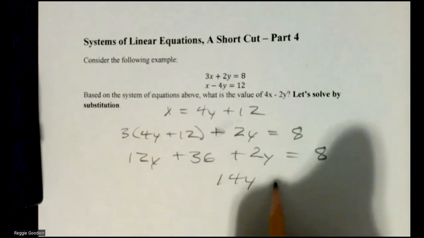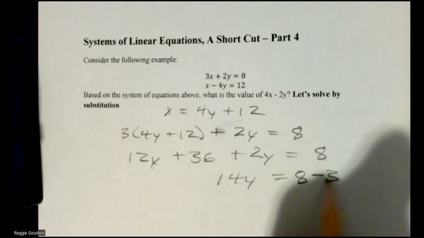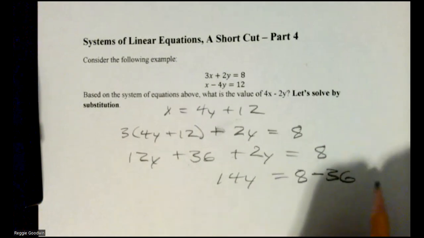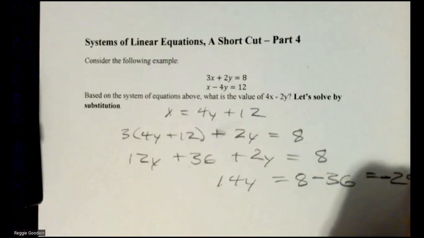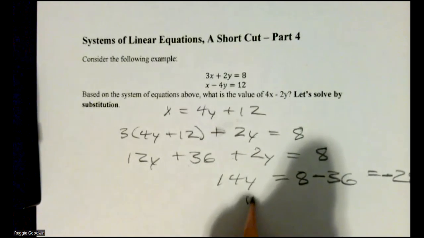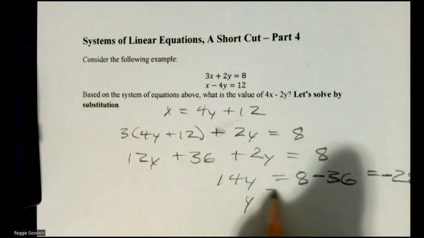Subtract 36 from both sides. This gives us 8 minus 36, and that's going to be negative 28. Divide both sides by 14 in front of the y, and we're going to get y is equal to negative 2.